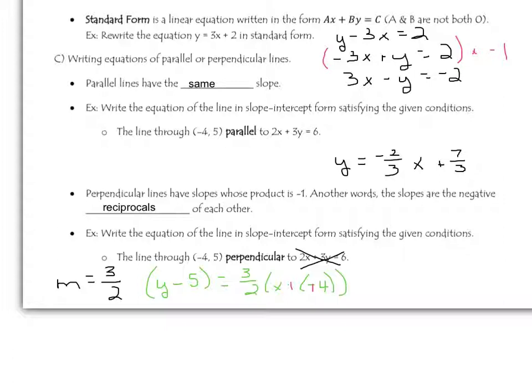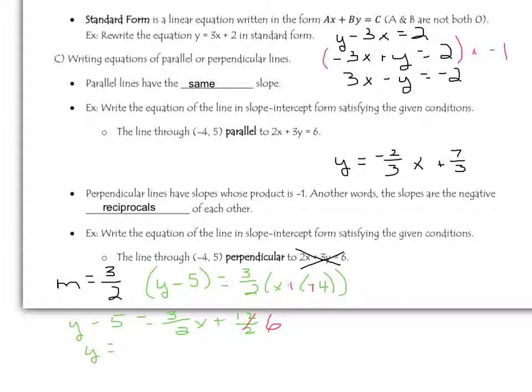We want y by itself, but first we're going to simplify the right. We have 3/2 x plus 3/2 times 4/1 is 12/2. And 12/2 reduces to 6. Hallelujah, we have a whole number. We don't have to mess with fractions.